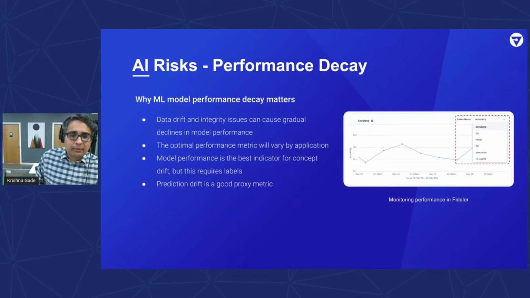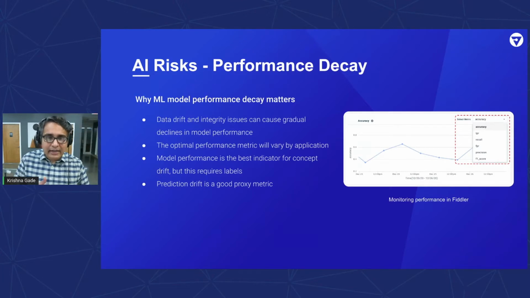The other problem with models is performance decay. These data drift and integrity issues can affect your model's accuracy, especially when there is a real change, like the coronavirus pandemic I talked about. Another example is a very large e-commerce company where, at the beginning of the coronavirus pandemic, people started searching for masks on their website, and so their models were not performing as well because their recommendations were not updated for this behavior.